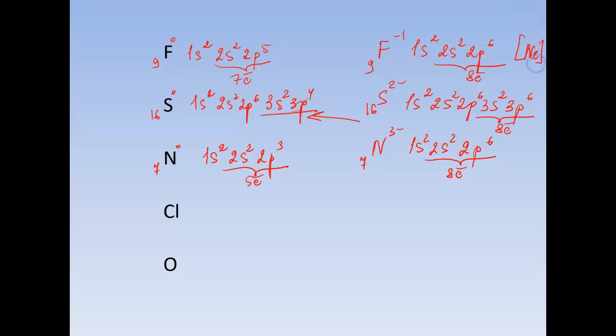For the sulfide anion, it will be a configuration like another noble gas, argon, right? And for nitrogen, it will be the same as neon too. You can do this by yourself for chlorine and oxygen.